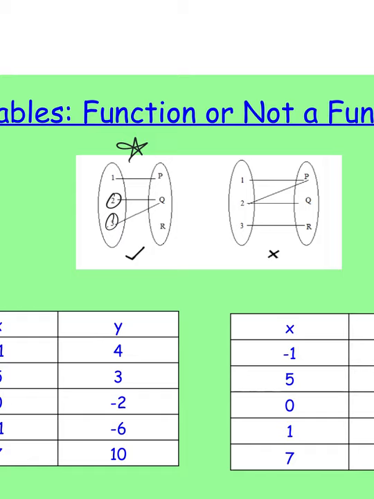What can't happen is what's on the right side here, which is this idea of the 2 leading to P, but also leading to Q, because if it's put into the same machine, it's not going to lead to two different responses. 2 and 3 could be put into the machine and lead to the same result, but you can't put one value in and have it lead to two different answers. That would not be a function.